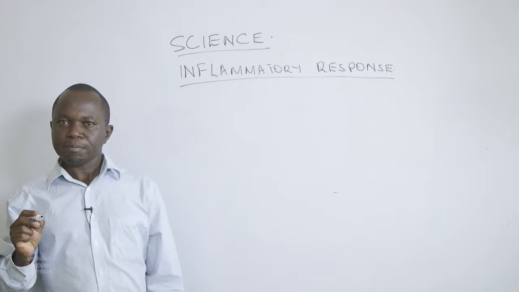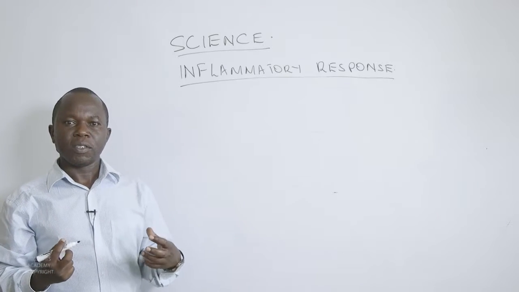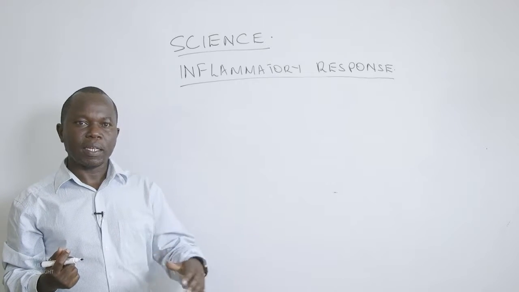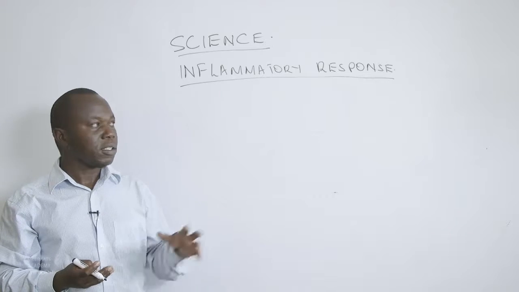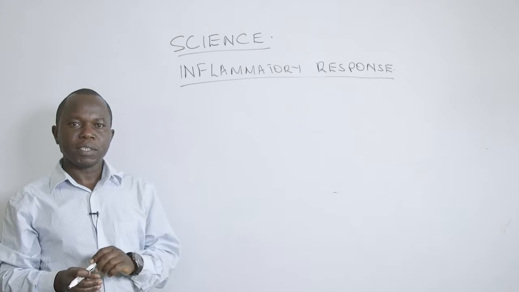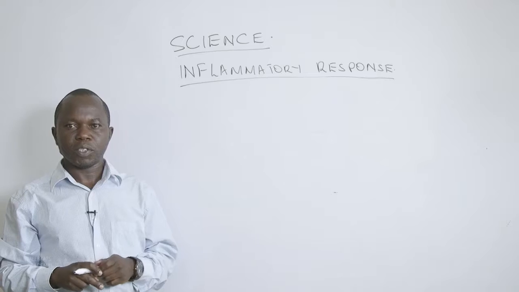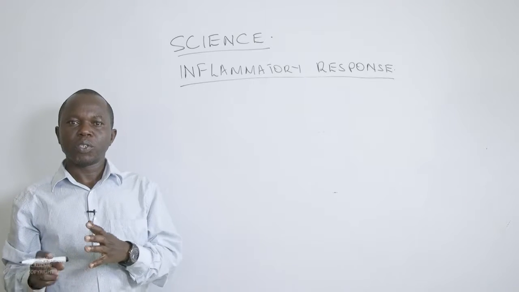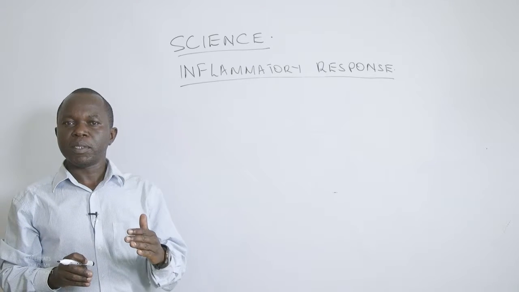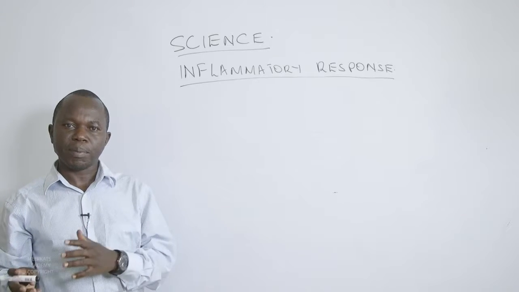So I've said the body has come into contact with a pathogen, or maybe it has come into contact with a harmful stimuli like a hot object. There will be an inflammatory response. Inflammatory response simply means a biological response of the body tissues towards a harmful stimuli. Stimuli could be in form of a pathogen. Because it's harmful to the body, it causes impairment.